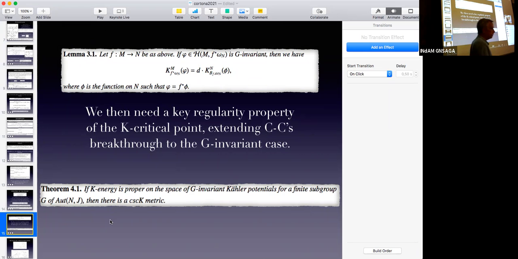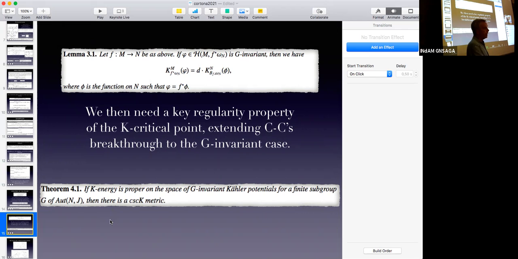It requires a little bit of attention, but it's almost the same proof as Chen's. With these ingredients, the proof closes up in the sense that you can lift the properness below to the properness above of the Mabuchi K energy.